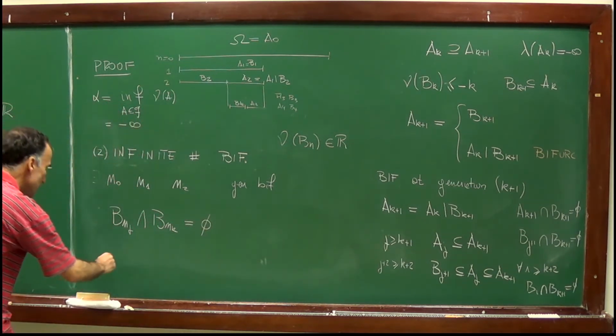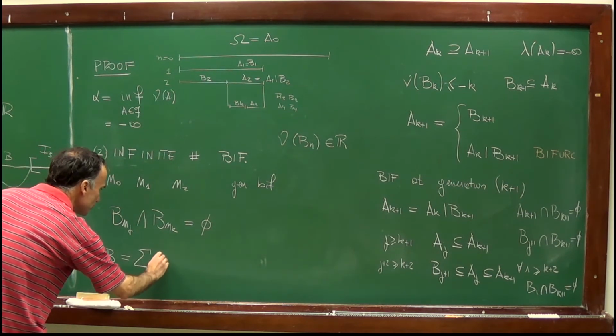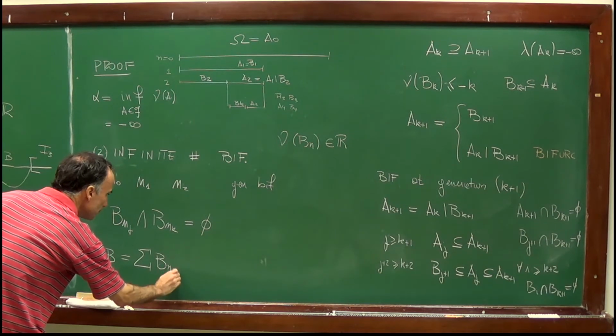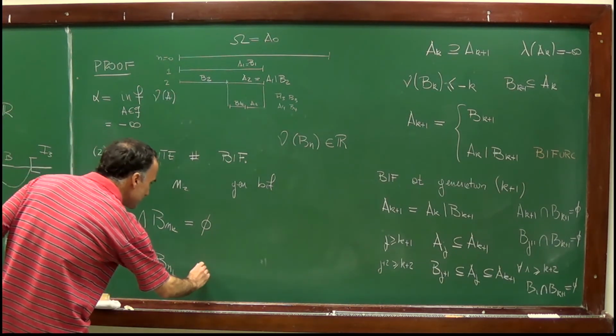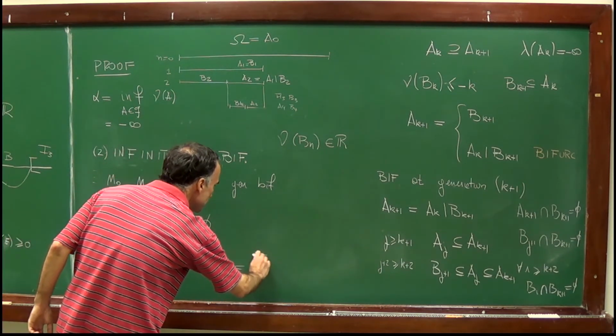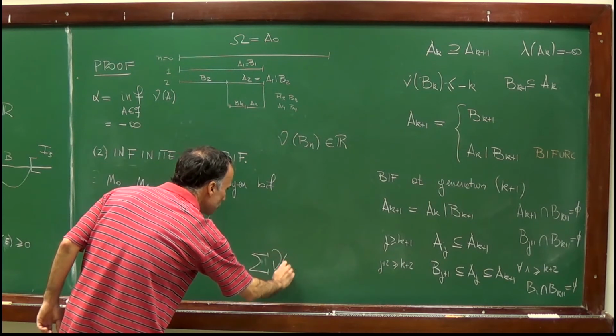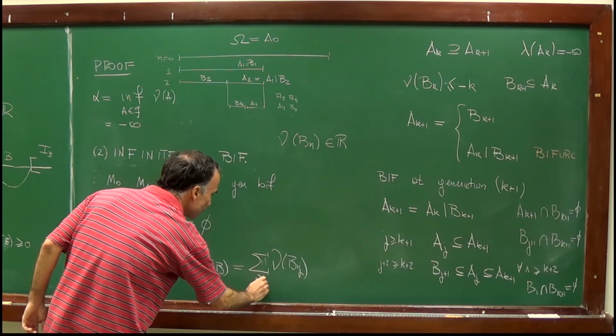So if I define B in this case as the union, which is a disjoint union, by the sigma additivity, nu of B is equal to the sum of nu of Bnj.